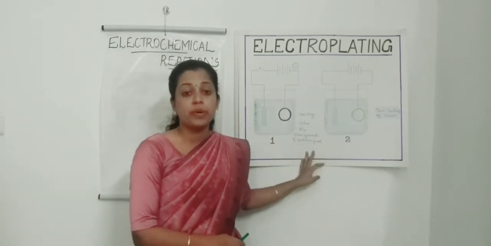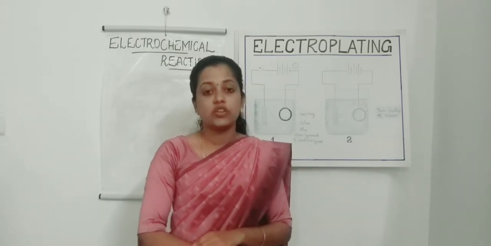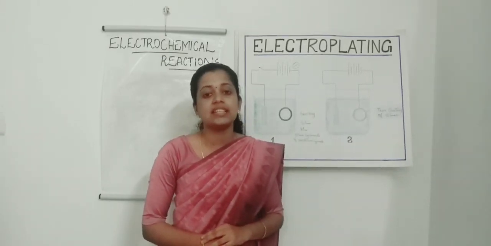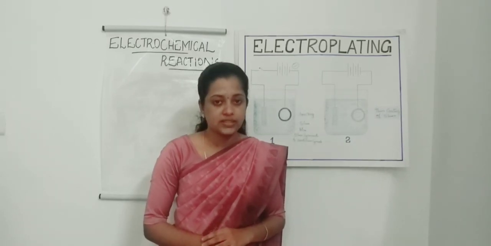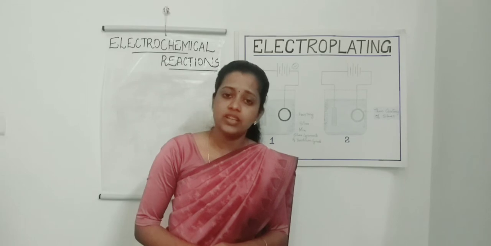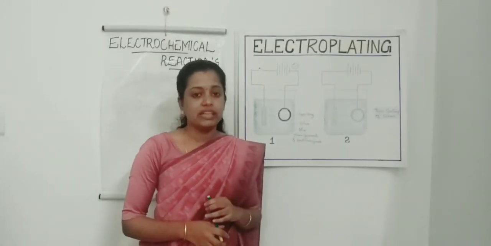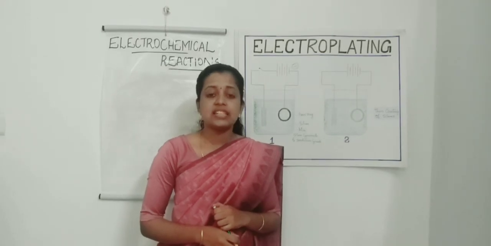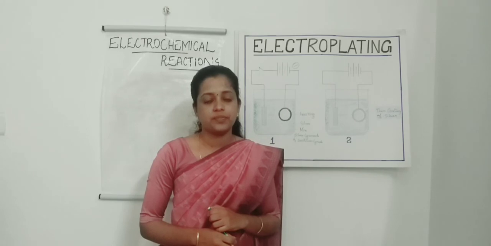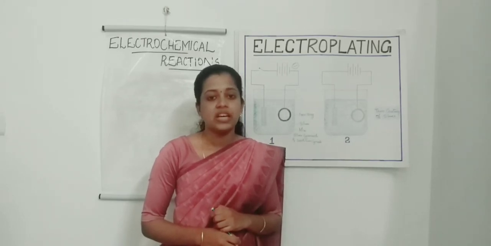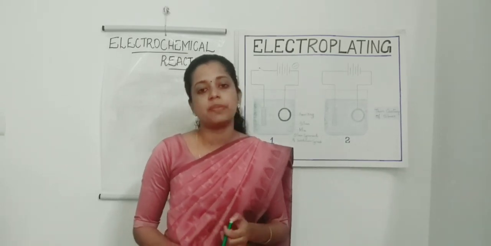So what is electroplating? Electroplating is a process in which a particular metal is coated over another metallic object. Is that clear? Yes. This electroplating is not done only in ornaments. It has a wide range of applications for industrial purposes. Now I will show you an experiment.